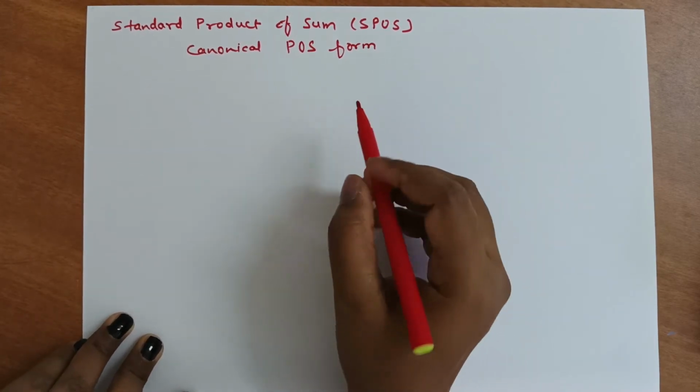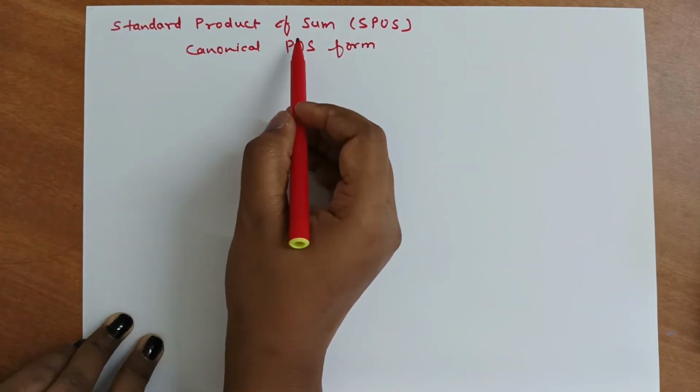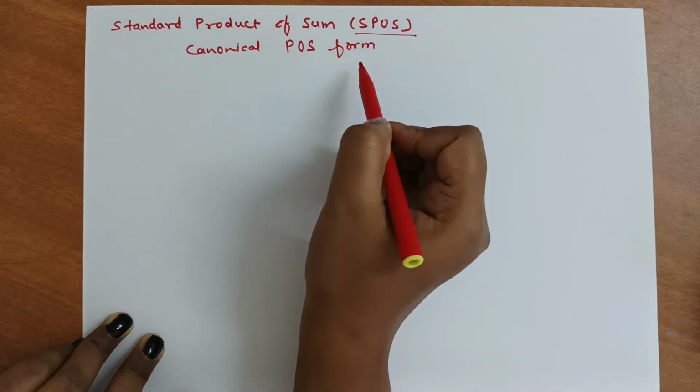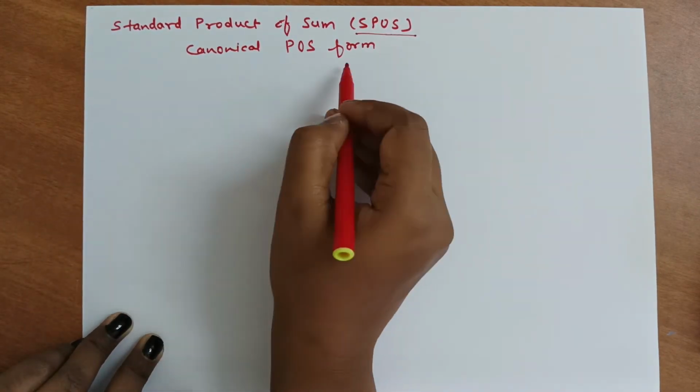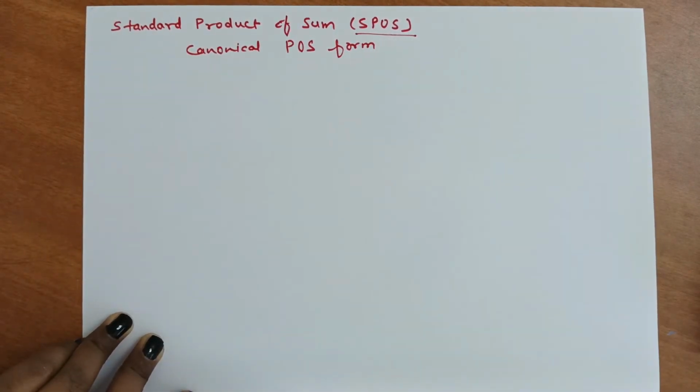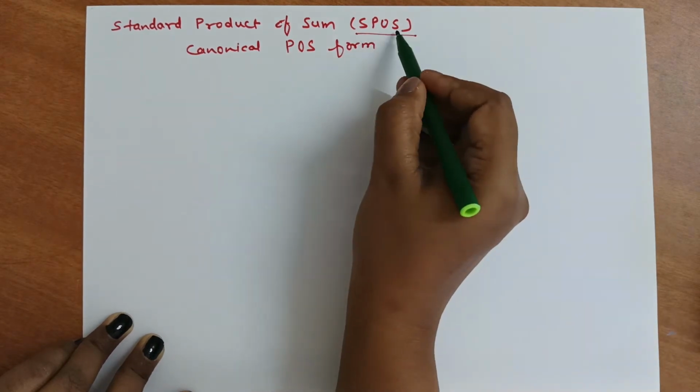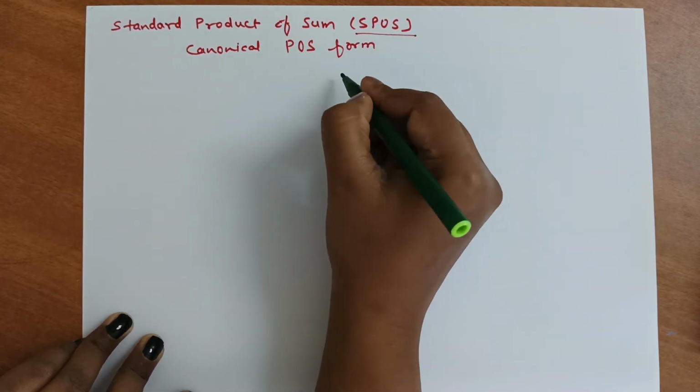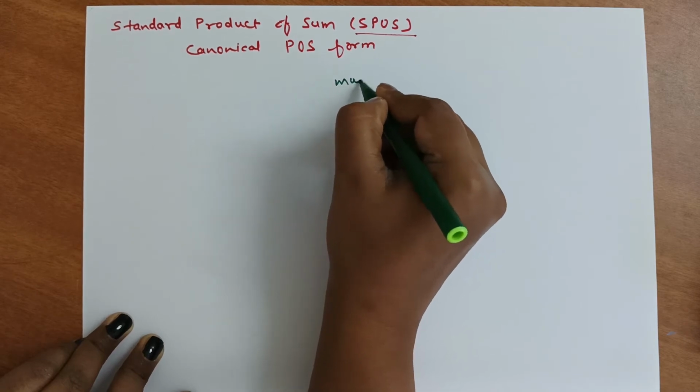Now let us see what is a standard product of sum, SPOS. We also call it canonical POS form. We know POS, product of sum, means multiplying the sum terms.